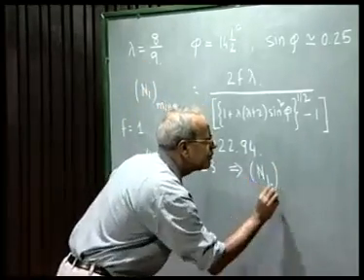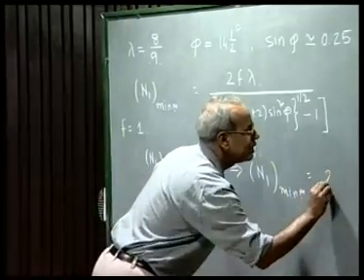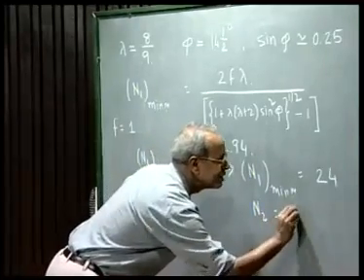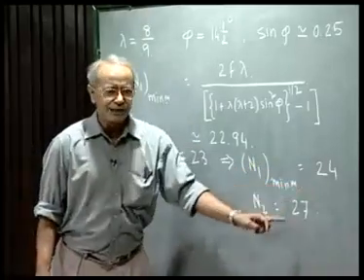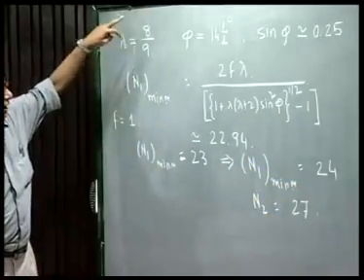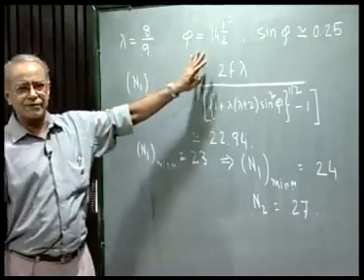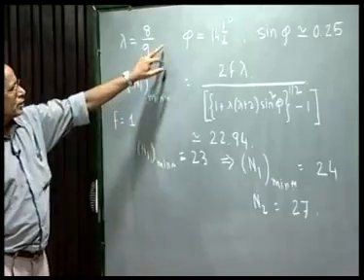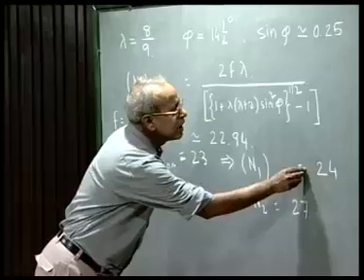So N1 minimum is actually 24 and corresponding N2 is 27. So if I use 24 and 27 teeth, I can maintain a constant angular velocity ratio of 8 by 9 without interference. So this is what we mean by minimum number of teeth to avoid interference.